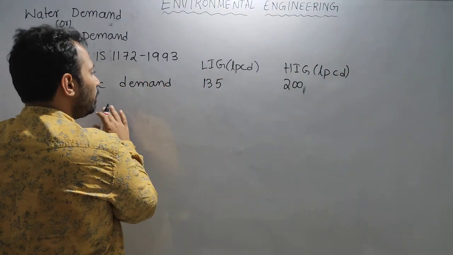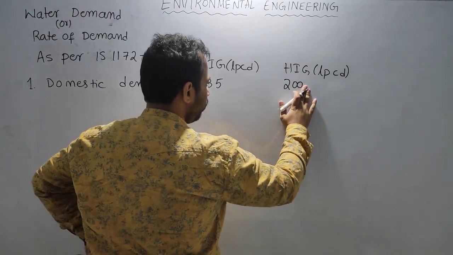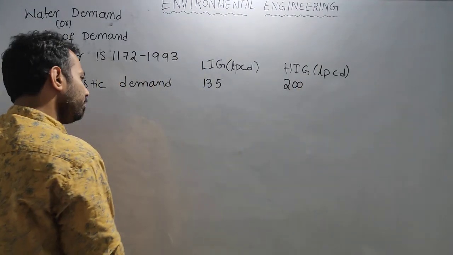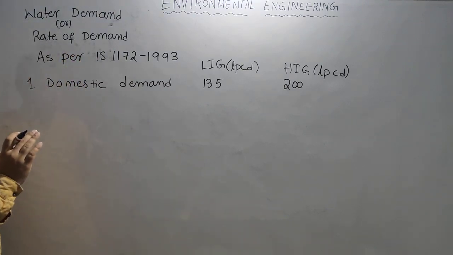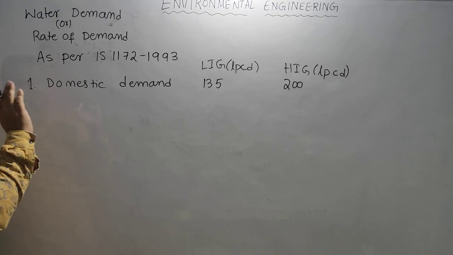Domestic means bathing, cooking, washing of clothes, cleaning of floors, whatever it may be. So 135 and 200 LPCD for LIG and HIG.